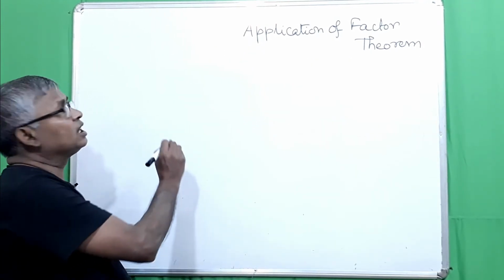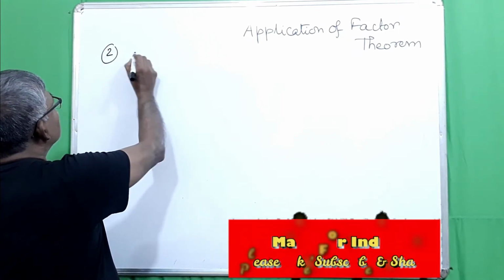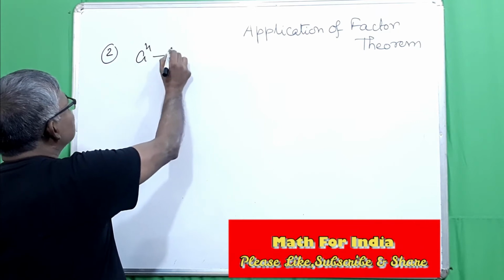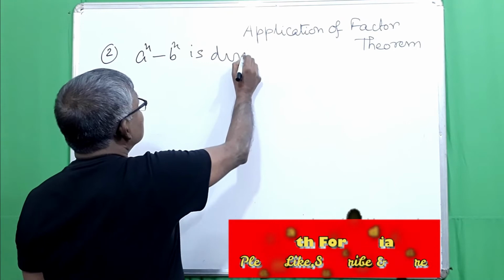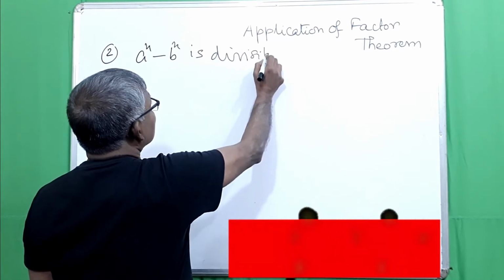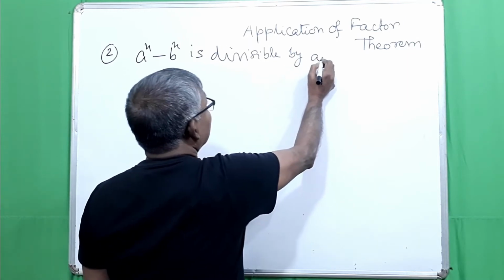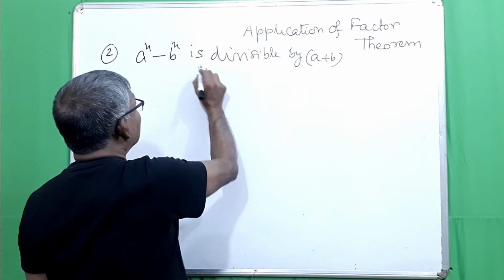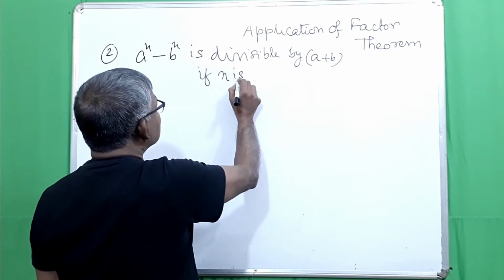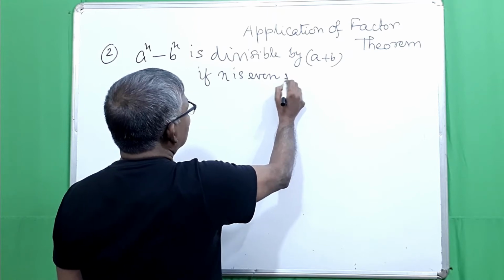Students, let us consider the second property. a to the power n minus b to the power n is divisible by a plus b if n is an even positive integer.